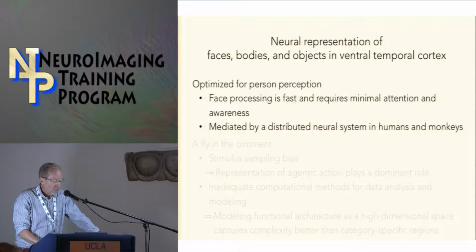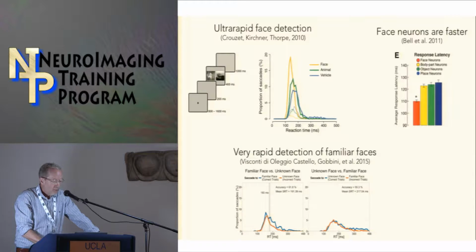So first, let's talk about in what way the ventral temporal cortex is optimized for person perception, and specifically for face perception. Now, this is a classic study from Simon Thorpe's lab, and it shows the saccadic reaction times, choice reaction time, when subjects see a display with a face on one side and some other kind of object like a vehicle on the other.